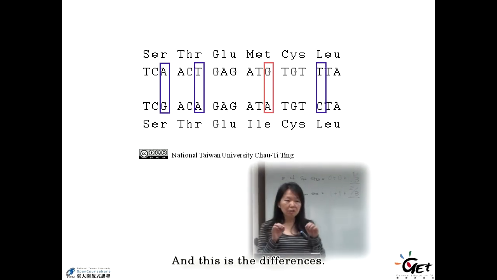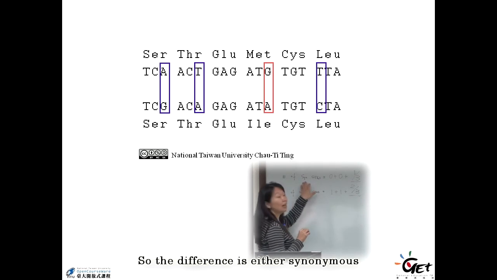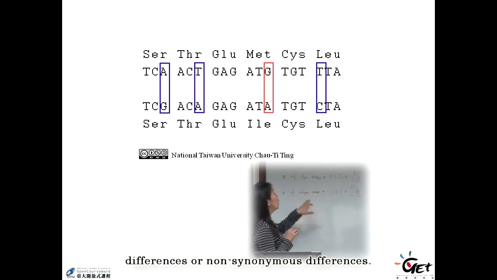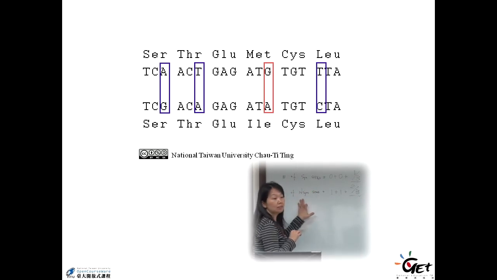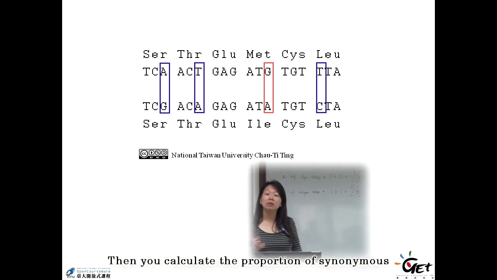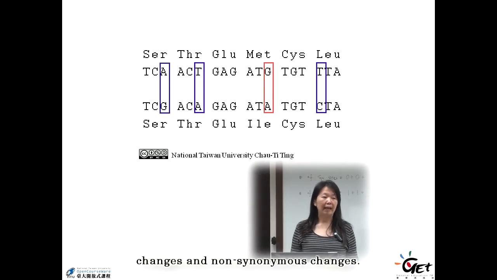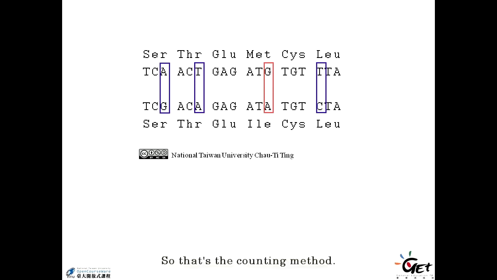And this is the differences. So the differences are either synonymous differences or non-synonymous differences. So that's the second thing you need to do. Then you calculate the proportion of synonymous changes and non-synonymous changes. So that's the counting method, or anything we start with.